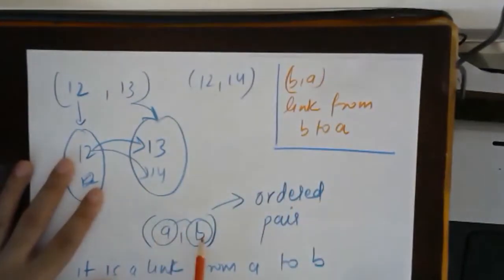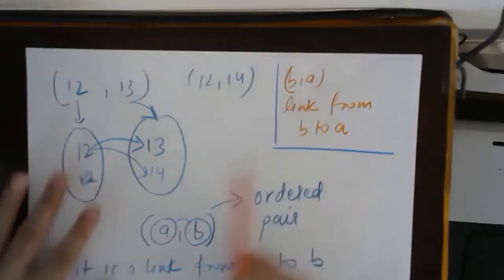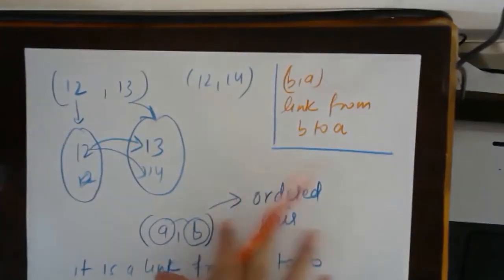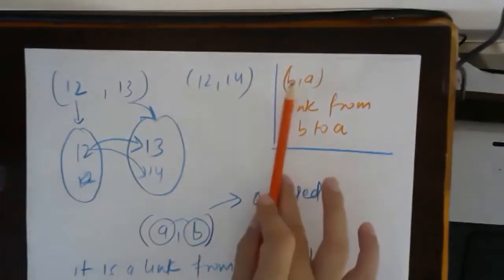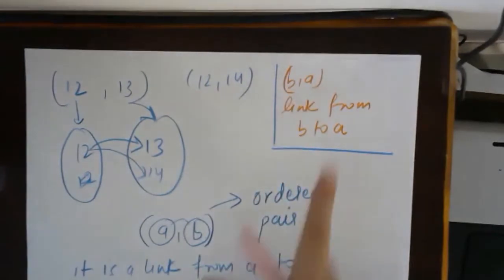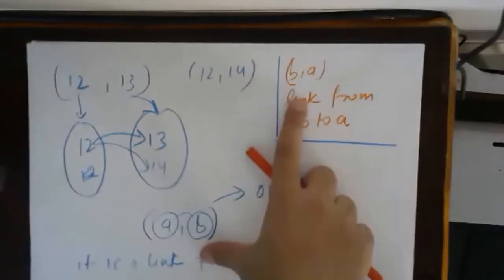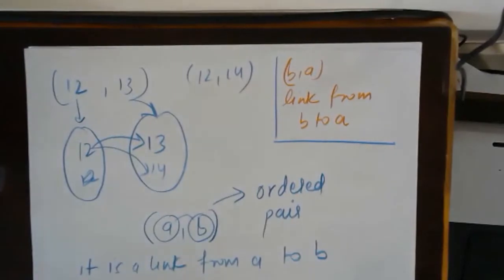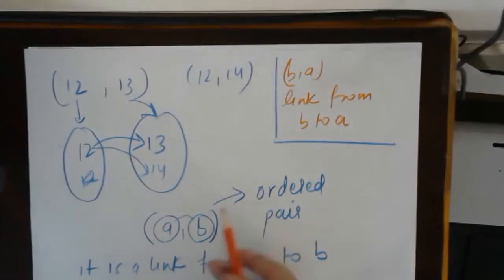This is a link from a to b, and this is a link from b to a. Understood? Now think about it. Are these two the same? If yes, why? And if no, why not? I'll say these are different.